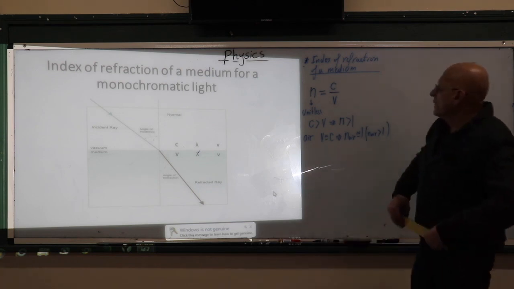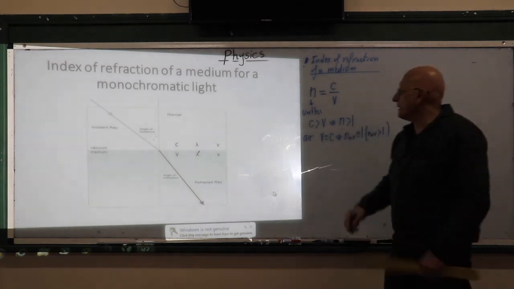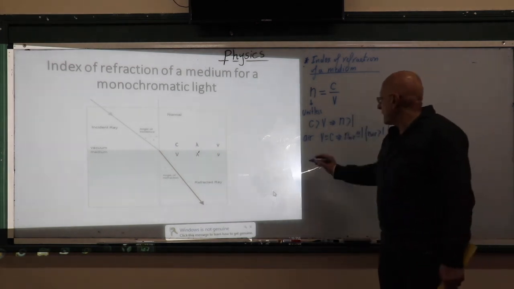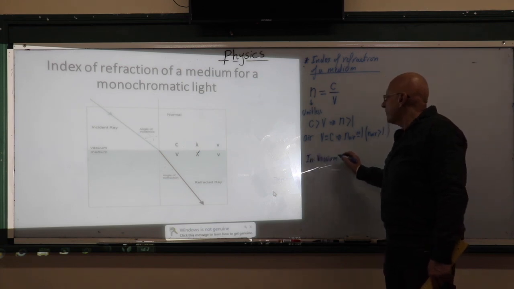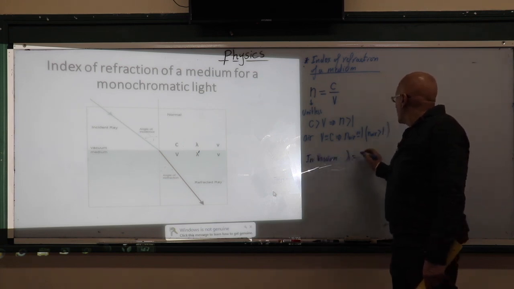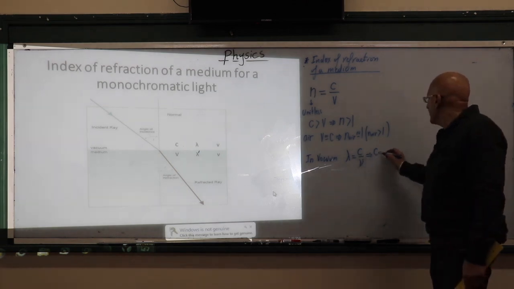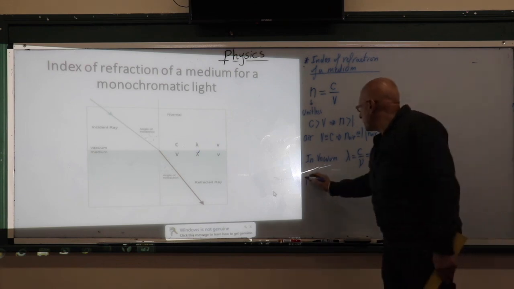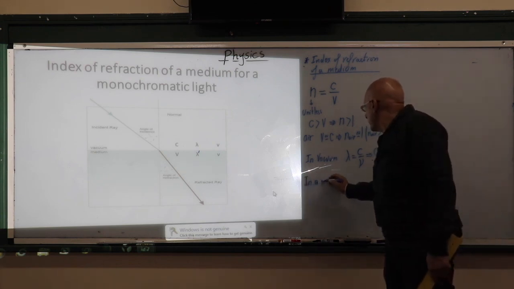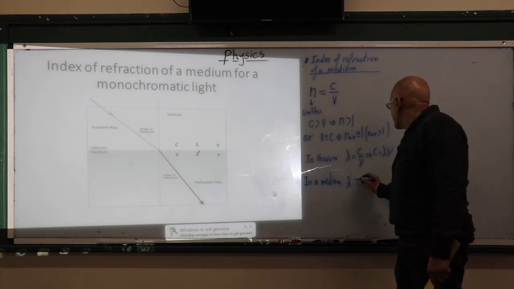Now, what is the relation between lambda, c and the frequency? In vacuum, lambda equals c over nu. This implies c is equal to lambda times nu. In a medium, a similar relation: lambda prime is equal to v over nu.